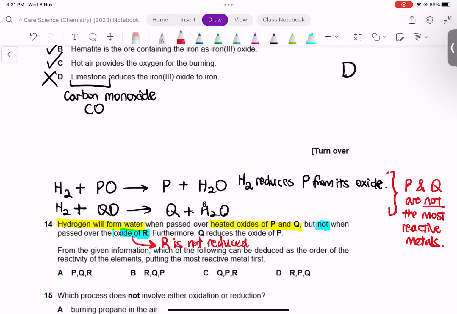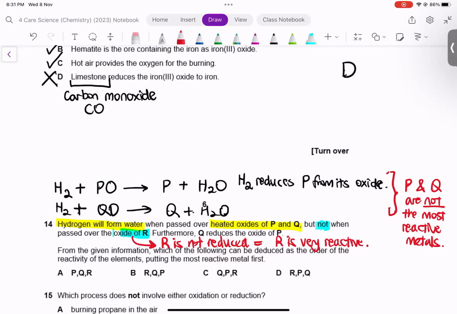If it's not reduced, it means R is very reactive. R is a very reactive metal, and hence it forms a very stable oxide. That forms a compound with it, R is not going to let it go. R is not going to go back without oxygen. So R is very reactive.